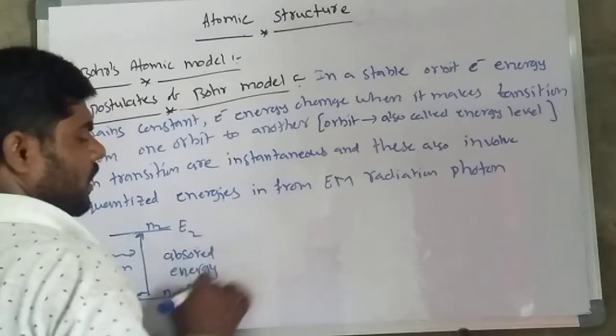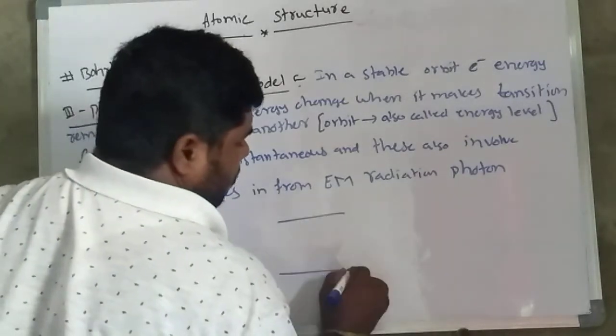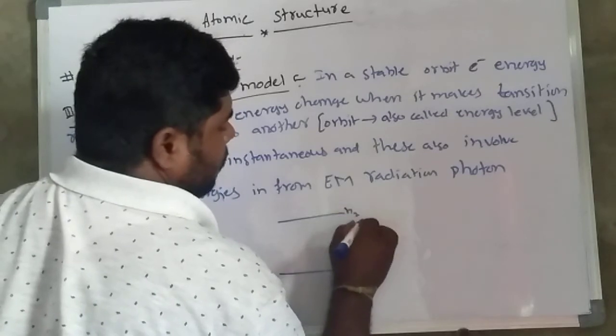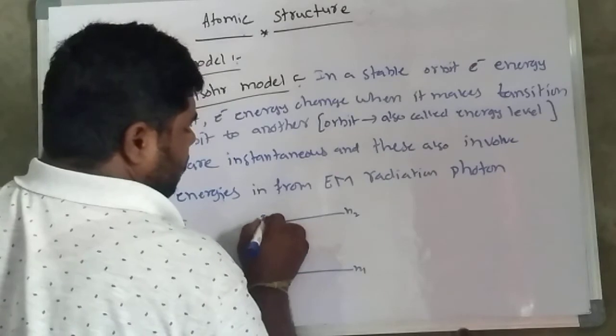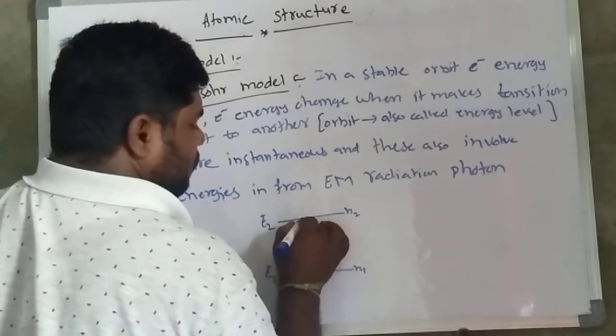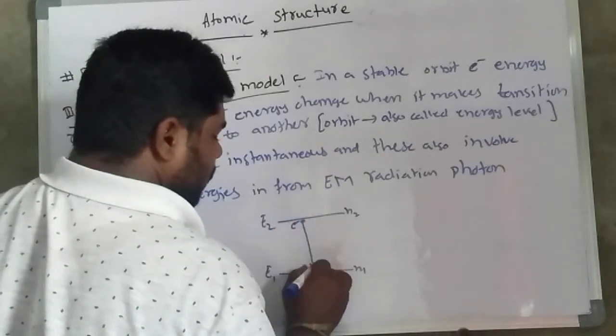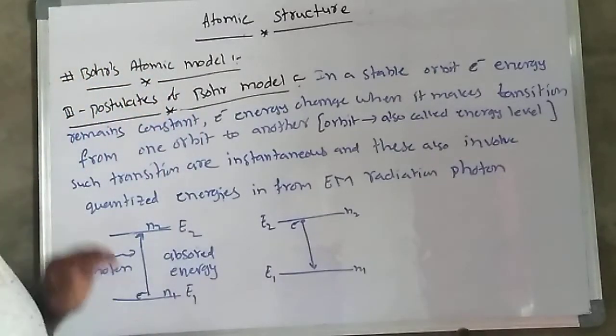When the electron jumps from the excited, higher state to the lower state, energy is released, and a photon is also released.